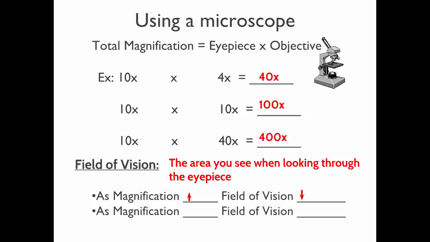And as our magnification decreases, our field of view obviously increases. So they have an inverse relationship. You increase magnification, decrease field of view, and vice versa. It's inverse.